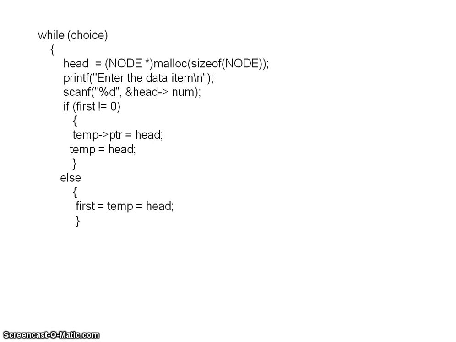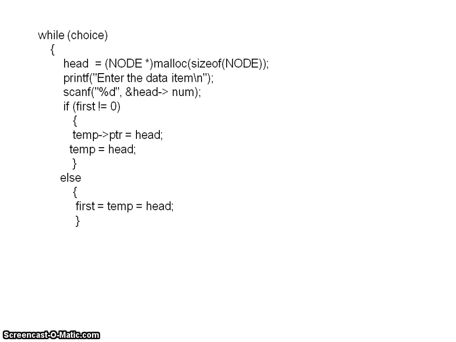In that case, the last node's address of the existing linked list is stored in the temp variable. That is, temp is pointing to the last node of the linked list. So in that case, we have to connect the newly created node with the last node of the existing linked list.